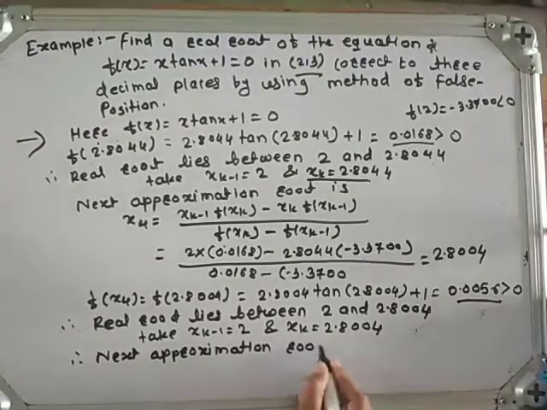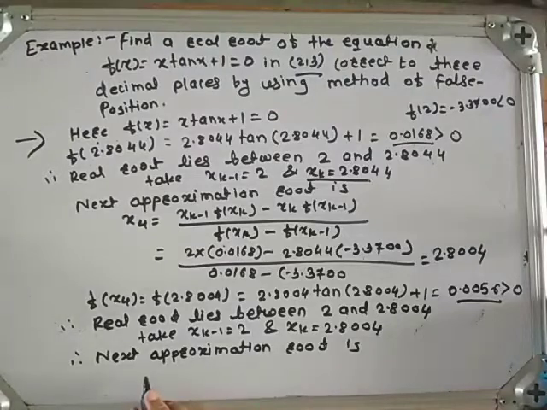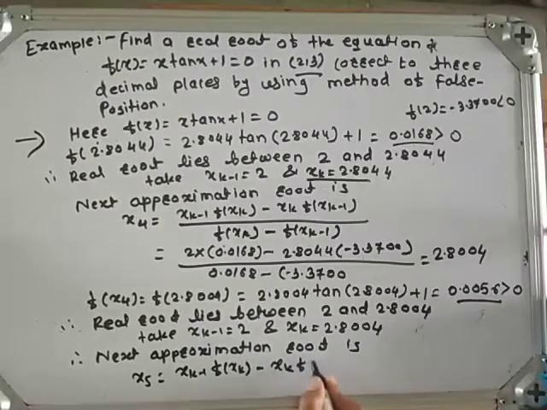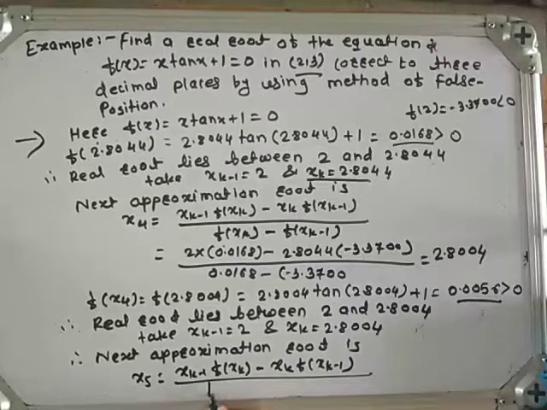The next approximation root is x5, which is equal to xk minus 1 into f of xk minus xk into f of xk minus 1, upon f of xk minus f of xk minus 1.